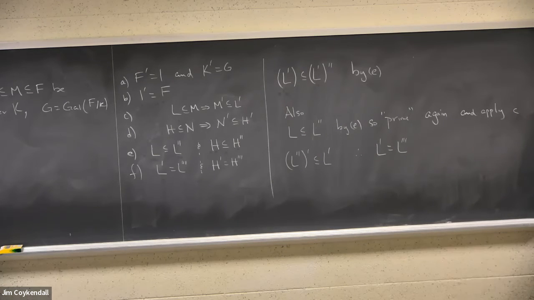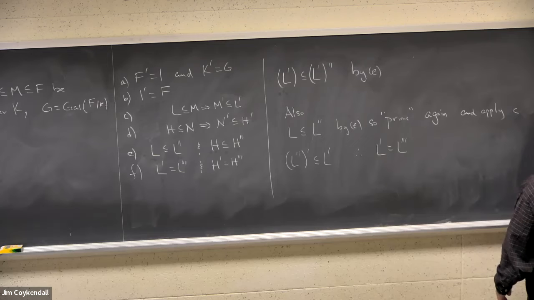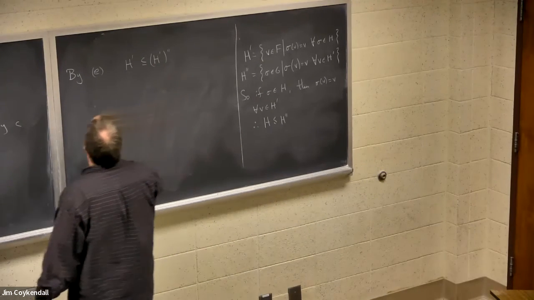It's exactly the same for the other part. That is to say, by E, we have H prime is contained in H prime double prime. And that's by the first part of A, because you have a field contained in its double prime.